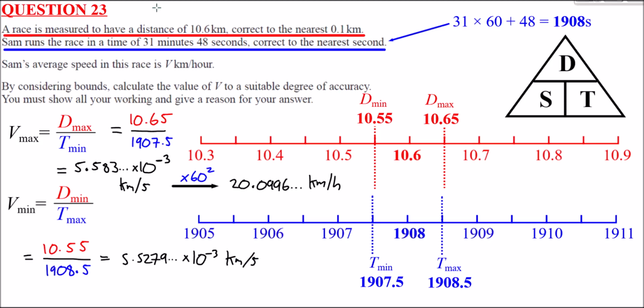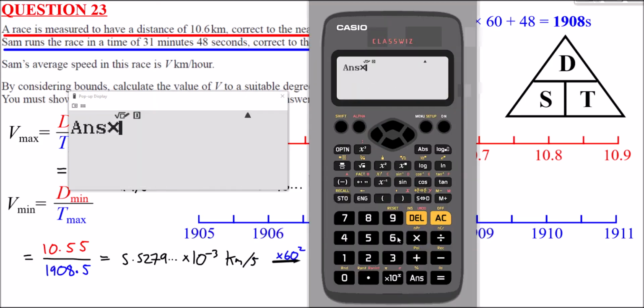So again, what we need to do there is to change into kilometres per hour by multiplying by 60 squared, just like we did before. So multiply by 60 squared, we get 19.900 and a bit more kilometres per hour.